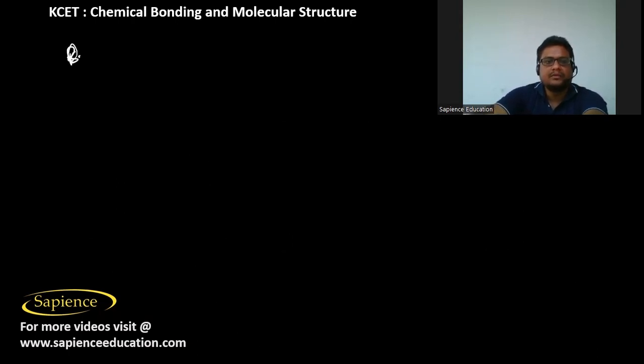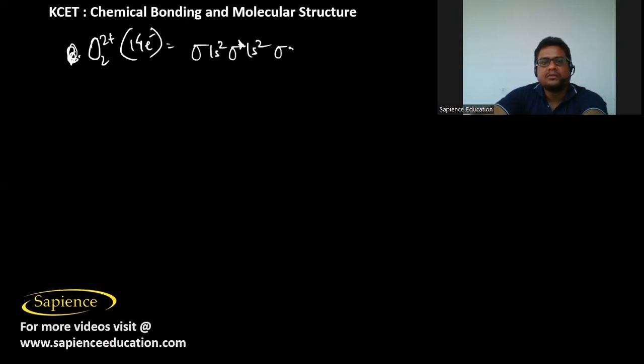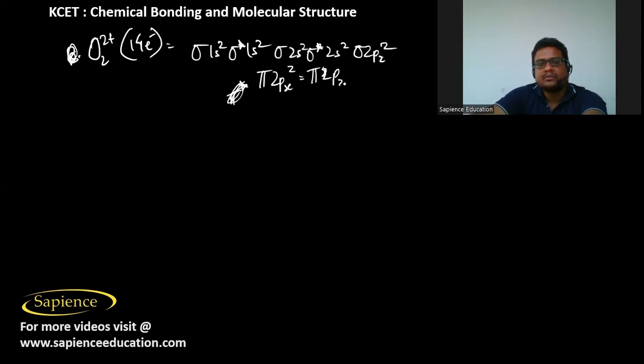Then the bond order of O2 2 plus. For O2 2 plus it will have 14 electrons, so here we go from sigma 1s2, sigma star 1s2, then sigma 2s2, sigma star 2s2, then sigma 2pz2, then pi 2px2 equals pi 2py2.